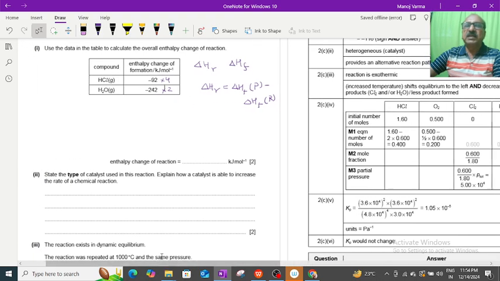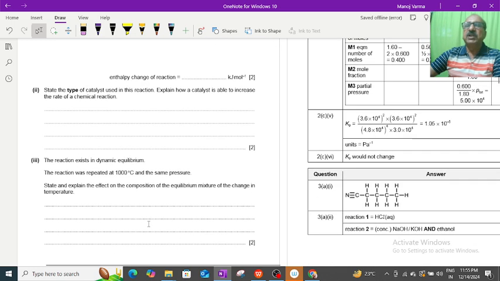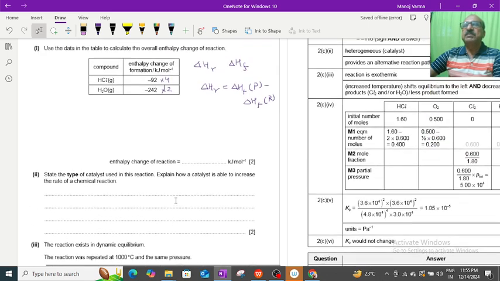Now we go further and let's see what the other parts of this question are. The reaction was repeated at 1000 degrees and the same pressure. State and explain the effect on the composition of the equilibrium mixture of the change in temperature. So let's see how the temperature has been changed.